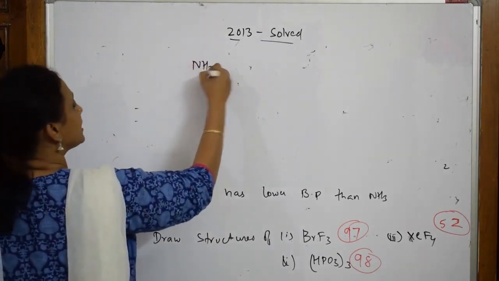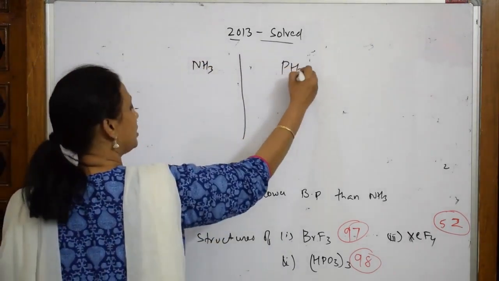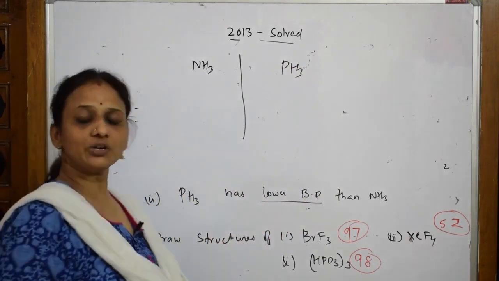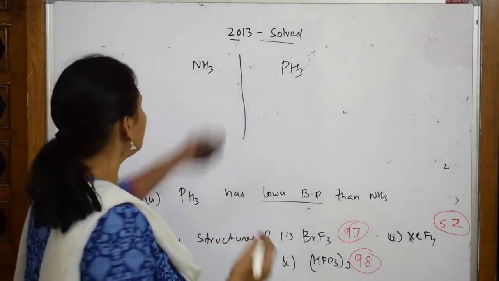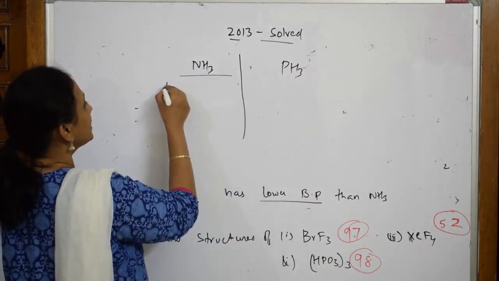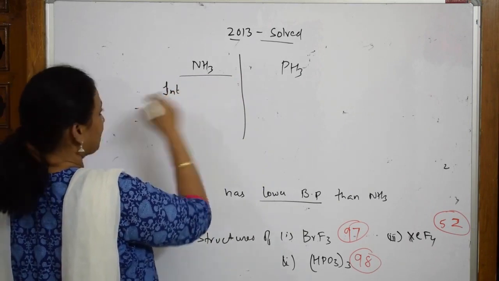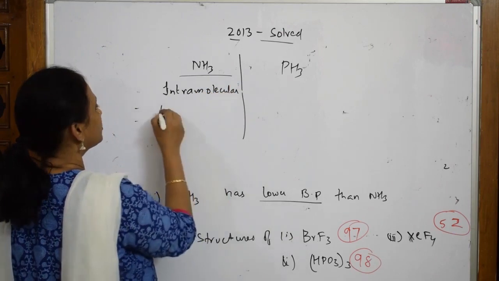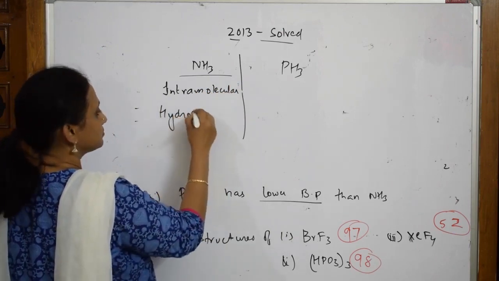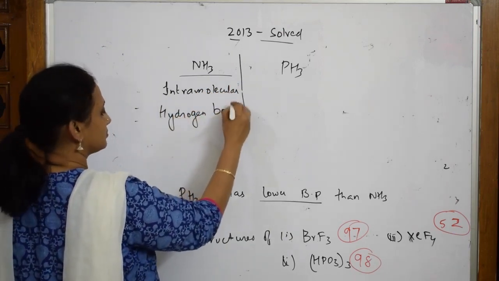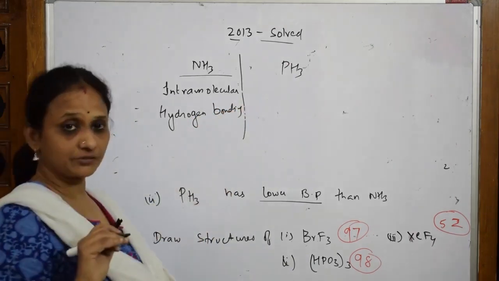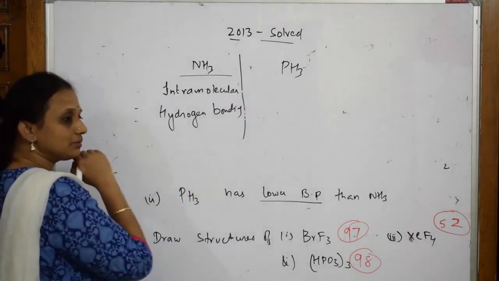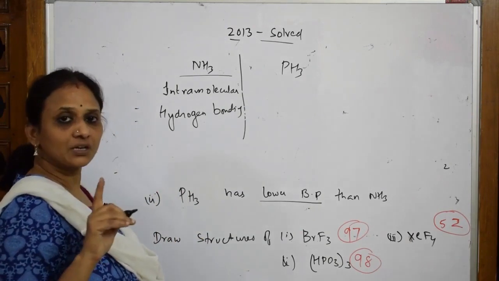In NH3 and PH3, whenever you're speaking about boiling point, speak in terms of the type of the bond. In NH3, what type of bond do we have? We have intermolecular hydrogen bonding, which is strong enough. When there is hydrogen bonding, what will happen?